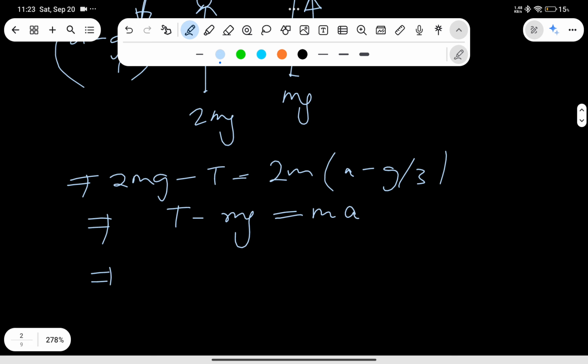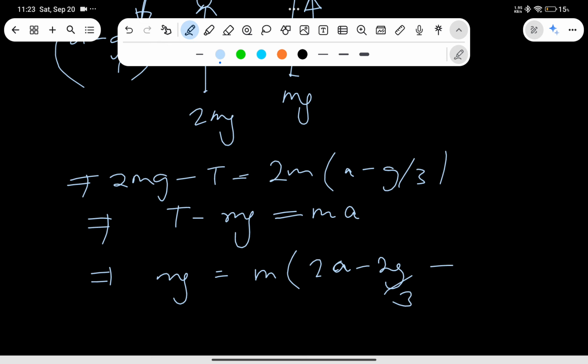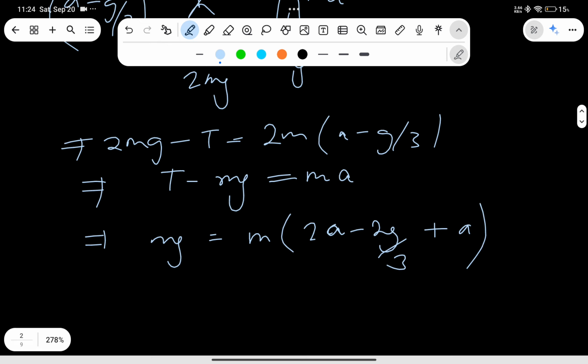Simply adding them, you will get mg equals 2a minus 2g by 3 plus a, because you have multiplied 2 with these two terms, then added them.